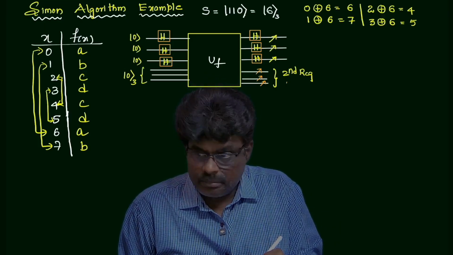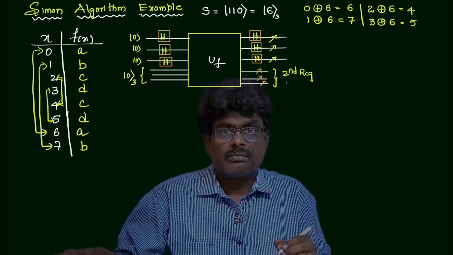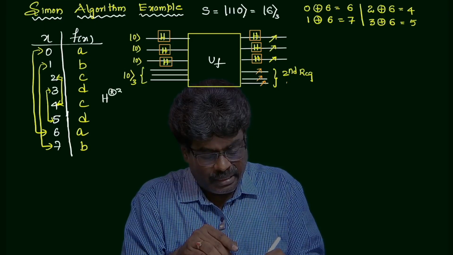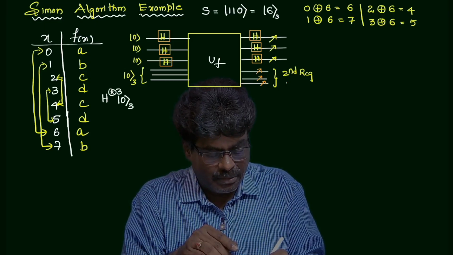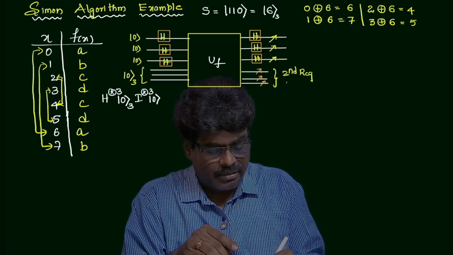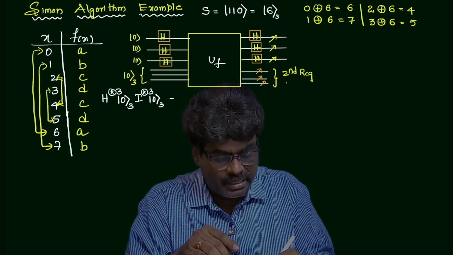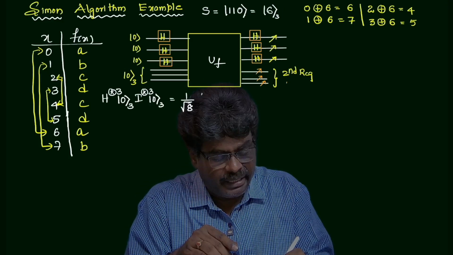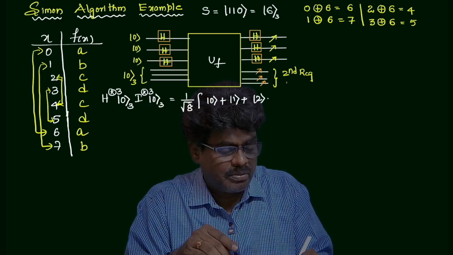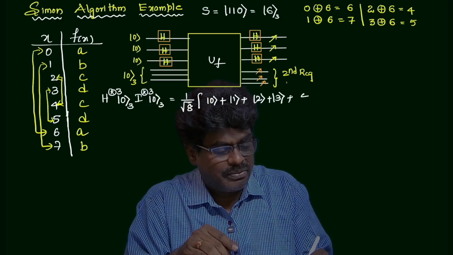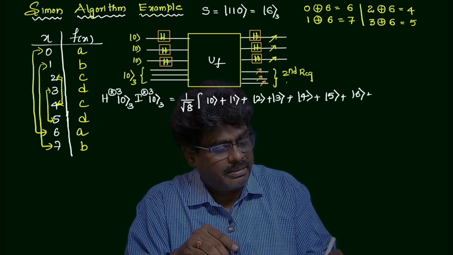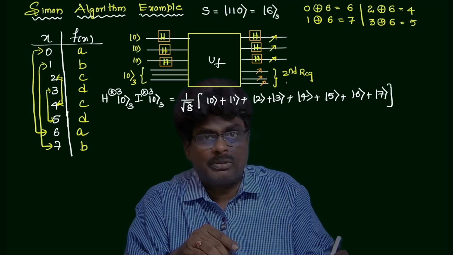Now here H tensor 3 operates on this 0, and here identity on the other 0. This is nothing but 1 over root 8 times 0 plus 1 plus 2 plus 3 plus 4 plus 5 plus 6 plus 7, a superposition state.